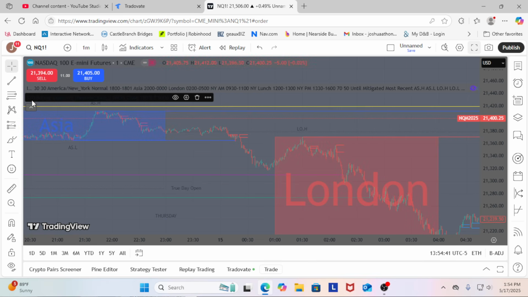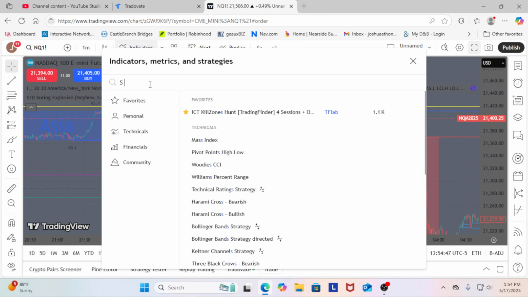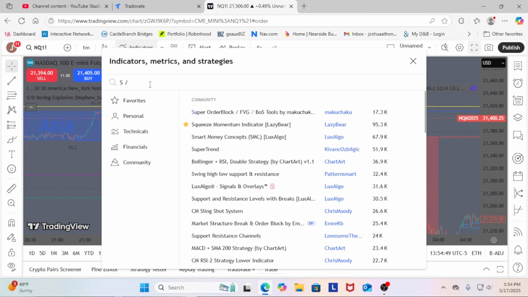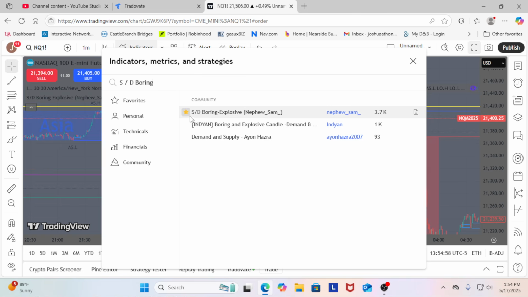Now when you type it in, S/D, you have to do this: capital S, space, backslash, space, capital D, space, boring. And this is it right here. And then it's going to have nephew underscore Sam underscore. And they have 3.7 thousand downloads for this one as well, guys.